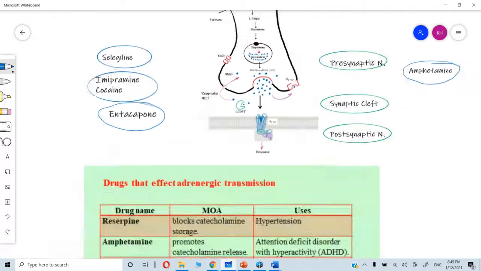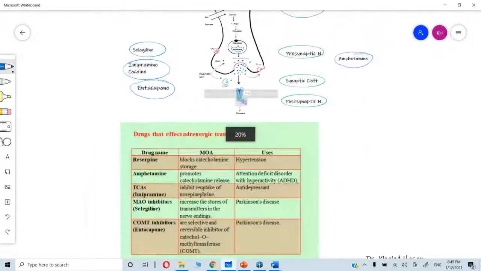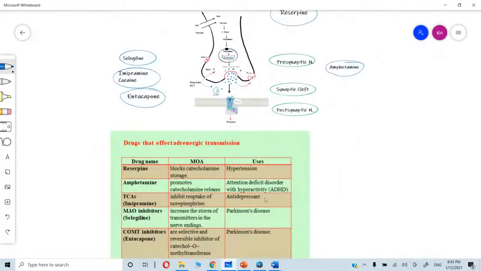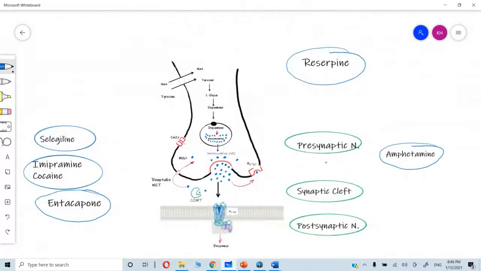Looking at the diagram, reserpine blocks catecholamine storage. The reserpine effect is to inhibit transport of the neurotransmitter into the vesicles. This is number one, reserpine.